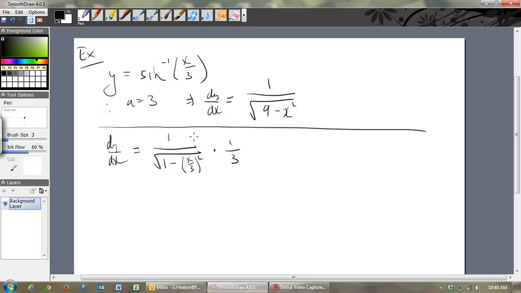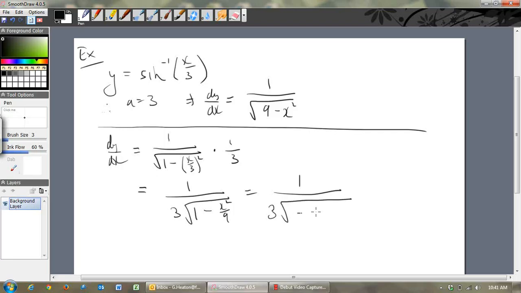Then you'd need to clean this up. You get 1 over 3 times the square root of 1 minus x squared over 9.